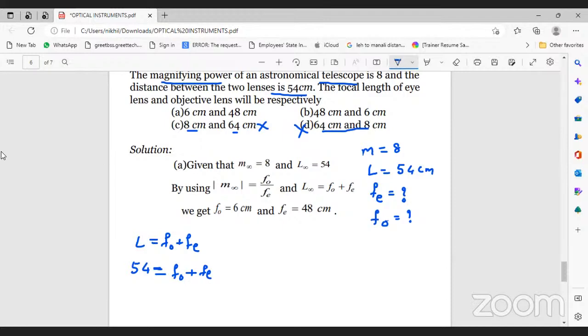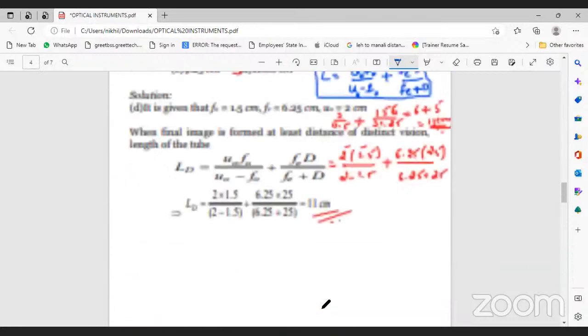How do you define the magnification? Objective focal length divided by the focal length of the eyepiece. This is given as 8. This is equal to f naught divided by fe. So f naught is equal to 8 times the fe, no? Just have a look, I've explained already.